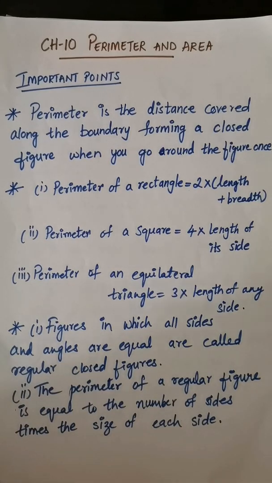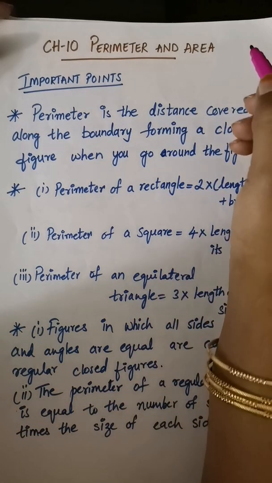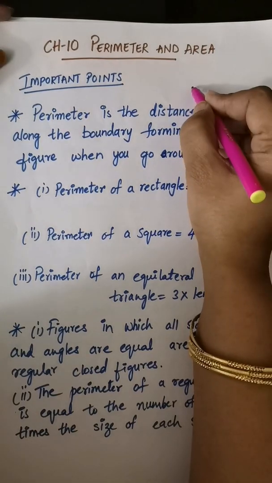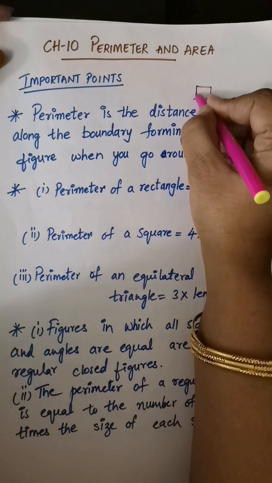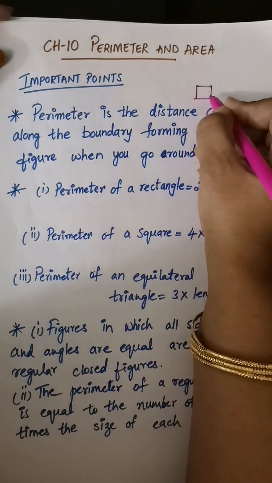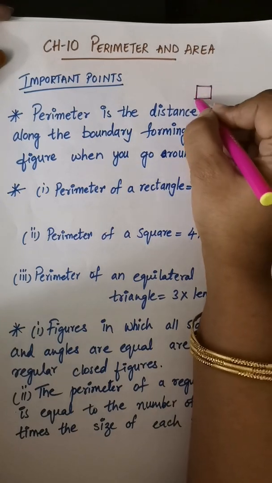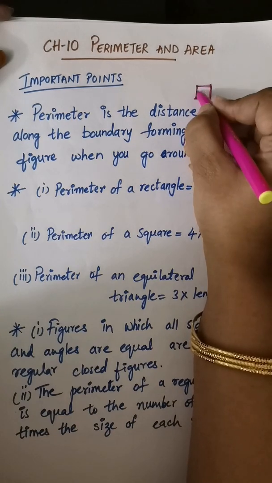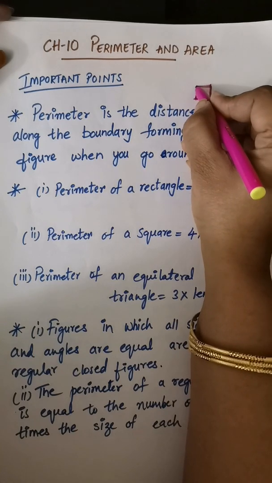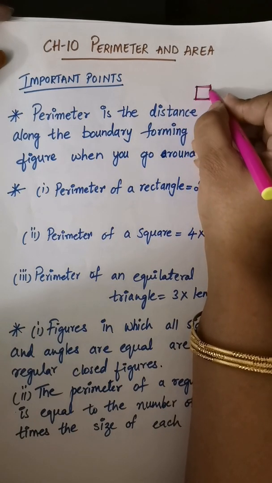Perimeter is the distance covered along the boundary forming a closed figure when you go around the figure once. Suppose this is a closed figure. The perimeter of this closed figure is nothing but the distance covered along the boundary, or we can say the sum of all the sides.